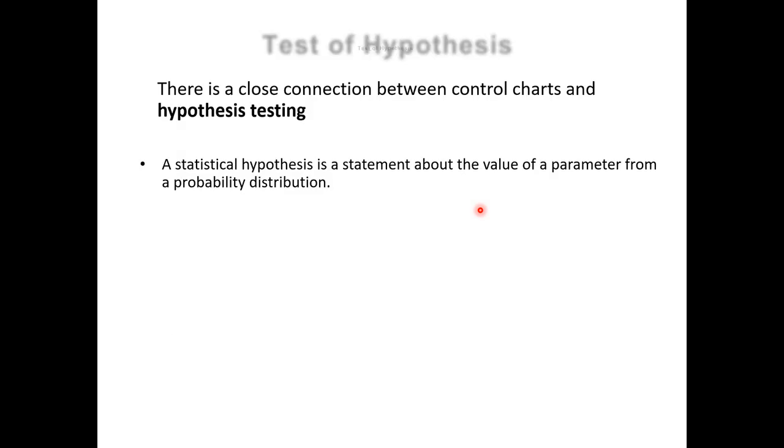Now coming back to hypothesis testing. We have said just now there is a close connection between control charts and hypothesis testing. A statistical hypothesis is a statement about the value of a parameter from a probability distribution.